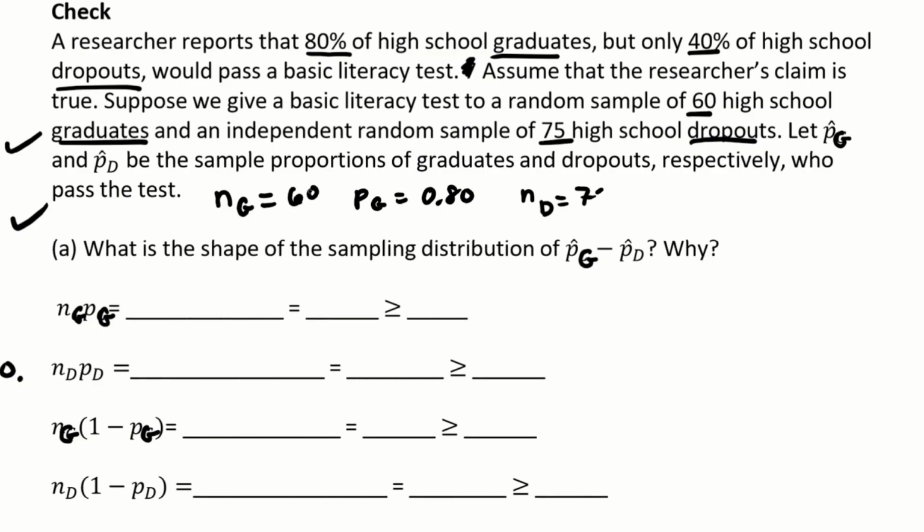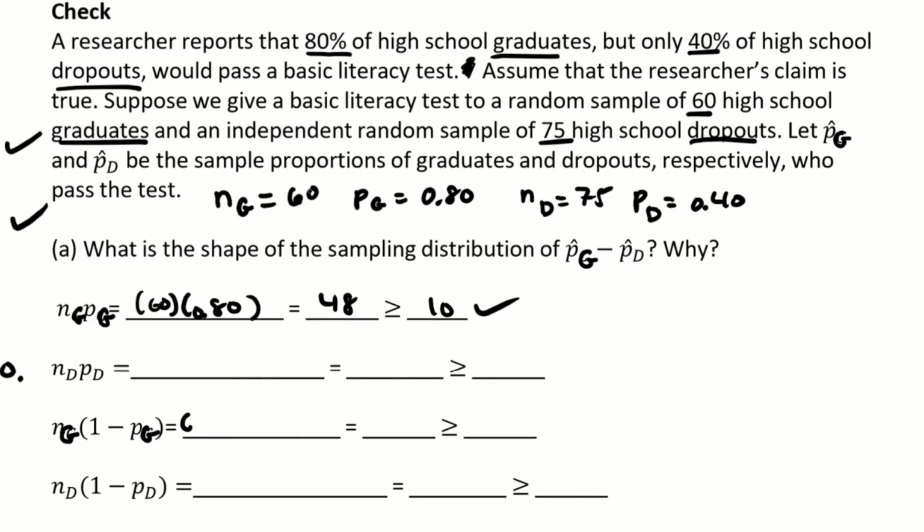All right, so let's plug it in. So we got 60 times 0.80, which is 48, which is greater than 10, so that's good. Let's do it again for the graduates. So 60 times 1 minus 0.80, which is 0.20. Okay, let me write that a little bit better. All right, and that's going to give you 12, which is greater than or equal to 10.